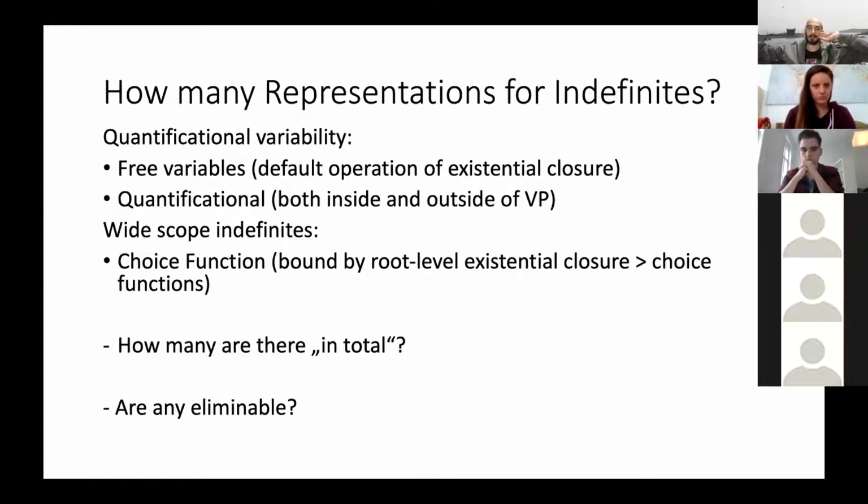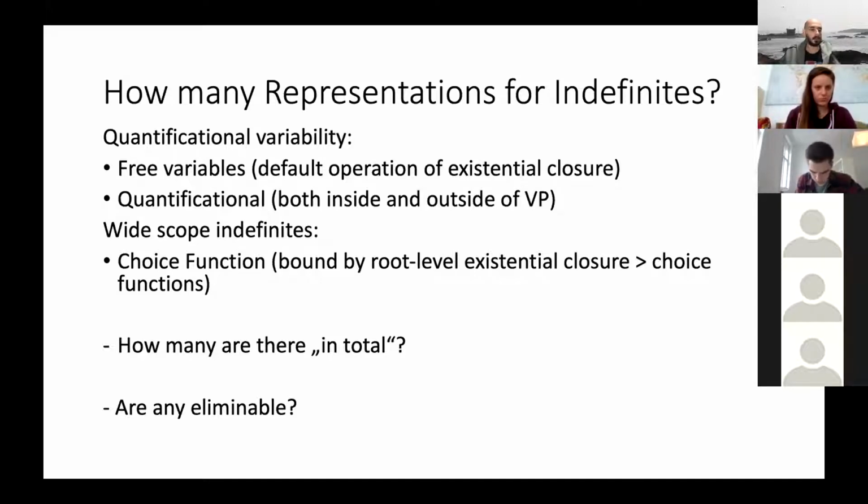And the wide scope behavior of indefinites leads to a theory whereby these NPs can be assigned a 3rd representation under which they introduce the choice function, like discussed before. And the choice functions are bound by root level existential closure operations over those choice functions.